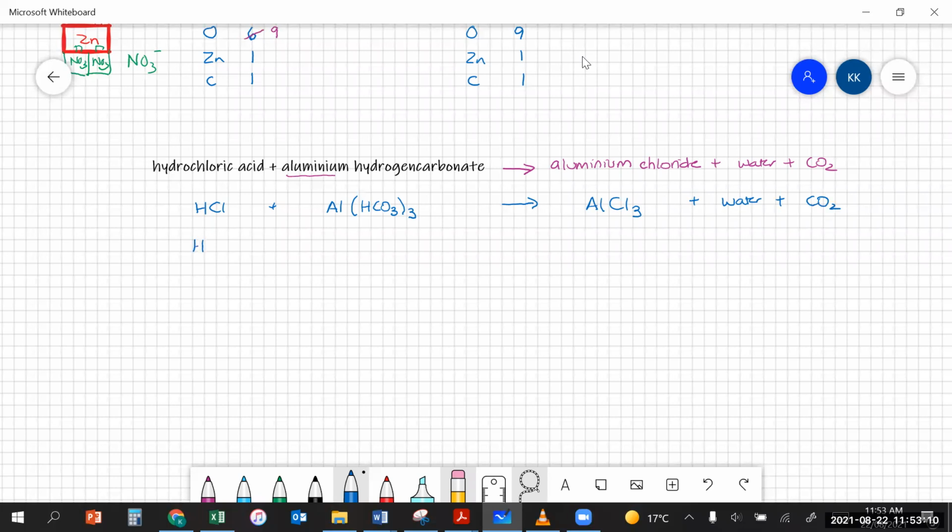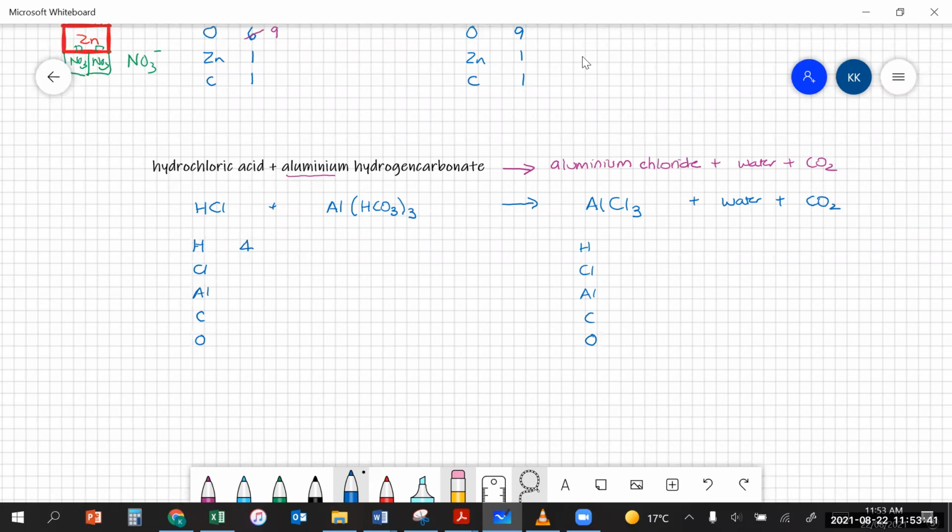All right, elements inventory. Hydrogen, chlorine, aluminium, carbon and oxygen. Let's do our count. On the left-hand side, hydrogens, we have 1 in the hydrochloric acid and we have 3 in the aluminium hydrogen carbonate, so that's 4 altogether.